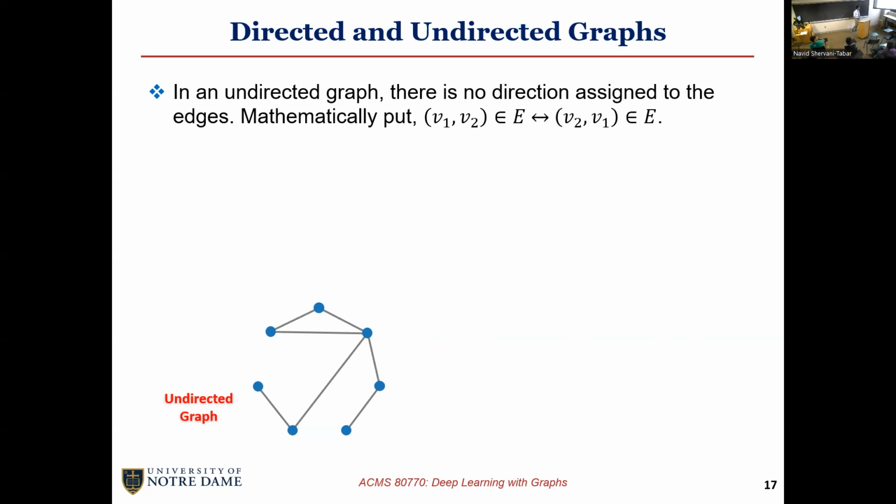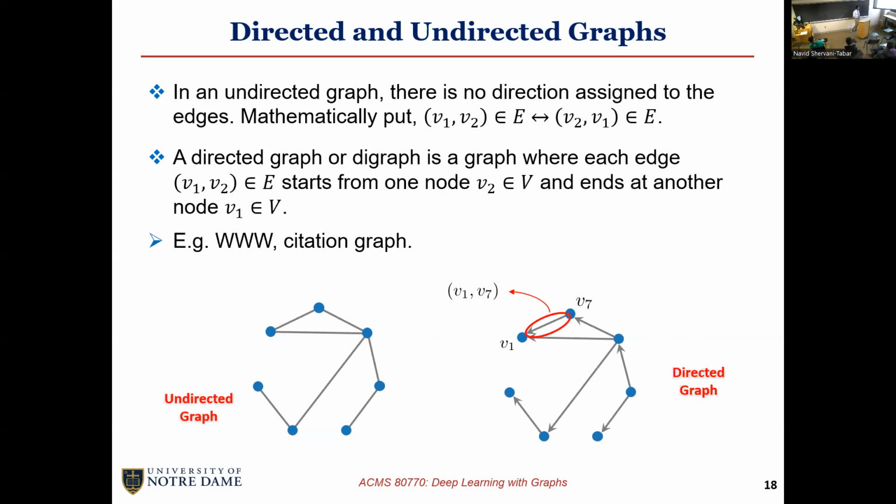If we have a directed graph, we have a direction, so the edge is defined as an arrow from one node to the other. We usually use the second index as the starting one, so here this is represented by V1, V7. In an undirected graph, both of these mean the same thing. If I write V1, V2, it means V2, V1, because they're the same thing.